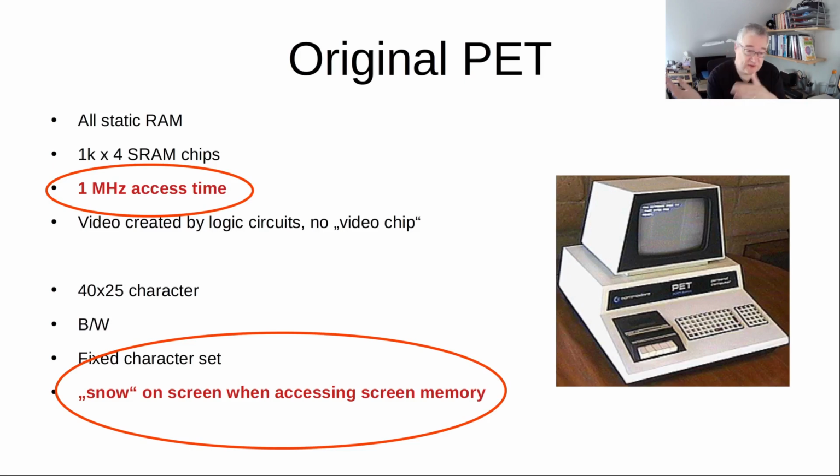The CPU is not halted, it just overrides the video access. And that means while there's a CPU access on the video RAM, and the video circuit is trying to read something from that RAM at this time, it's going to get back that value that the CPU reads or writes. And that's what you see as snow.